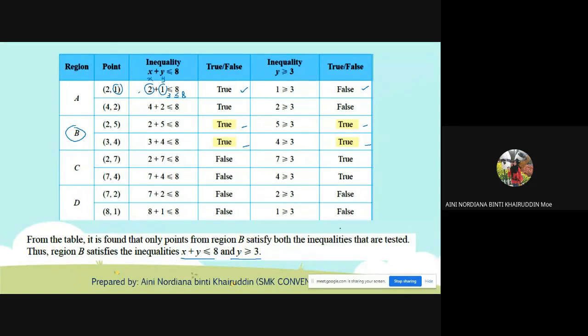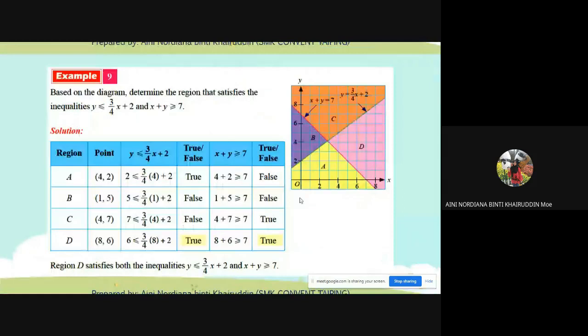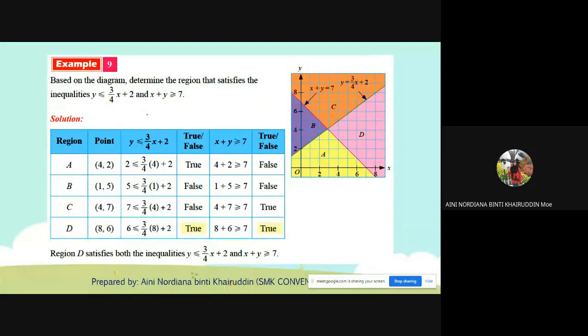Okay, have a look at this example. Based on the diagram, determine the region that satisfies the inequalities. So which region: A, B, C, or D? You need to choose one point for every region. This point is up to you, but make sure the point that you choose is in the region. For example, point A here is 4, 2.